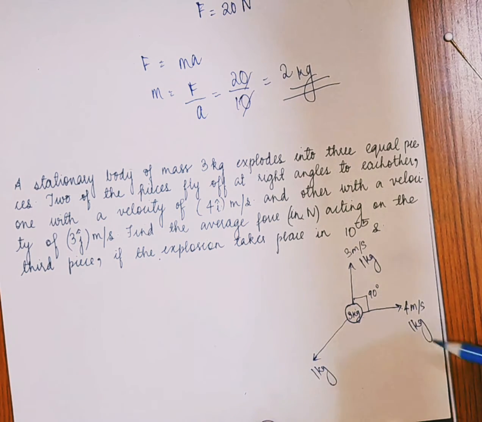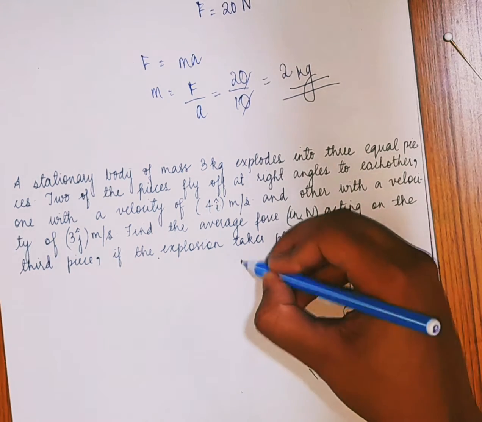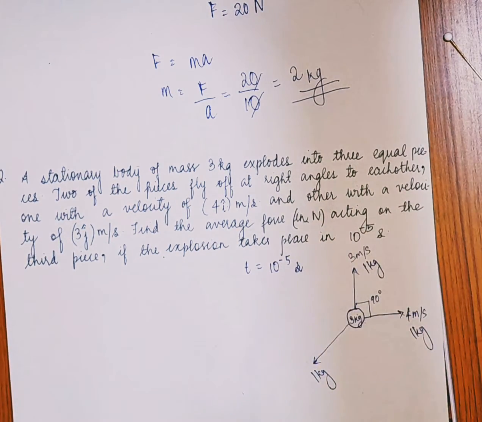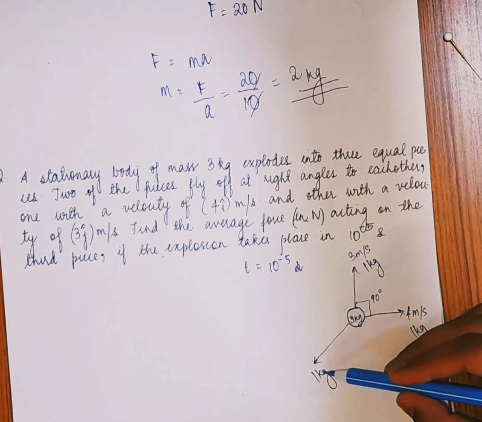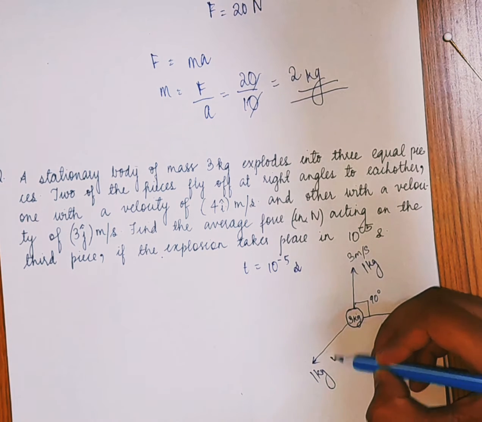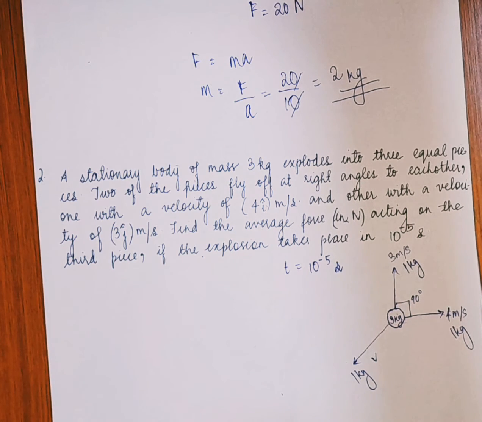We have to find the average force acting on the third piece if the explosion takes place in 10 raised to minus 5 seconds. We have been given the time, 10 raised to minus 5 second. Here we don't know the velocity of the third piece, so let's assume it to be v. This is based on conservation of momentum.